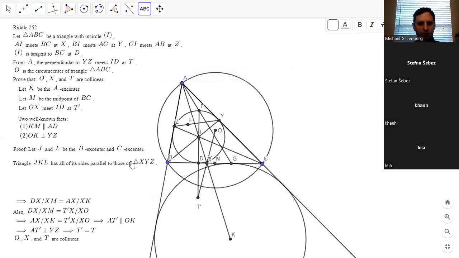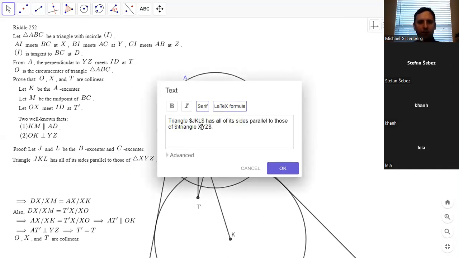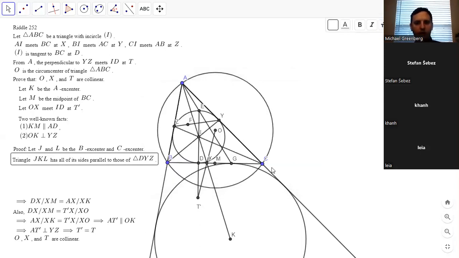I think it's DYZ because we label the A point D. Oh, sorry, DYZ. So wait, JKL, is that true? Because that's not a symmetric statement then, right? So for JKL, the sides are all parallel.